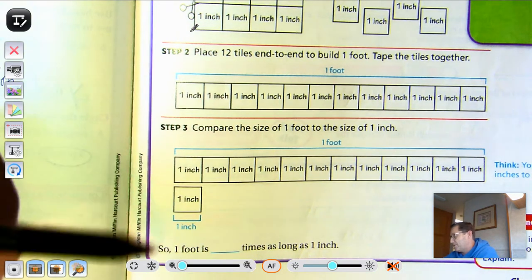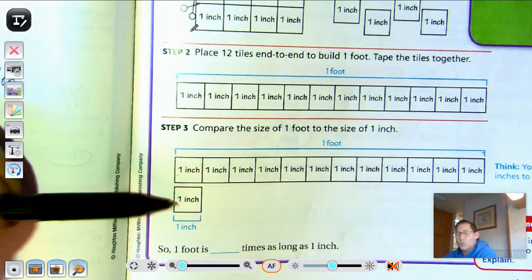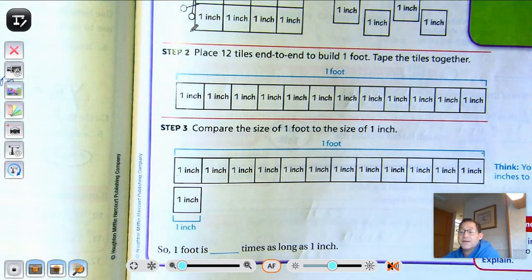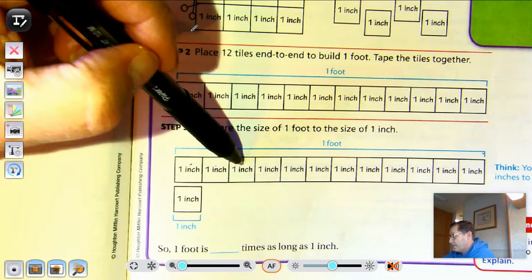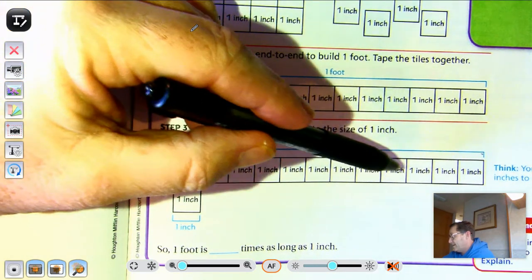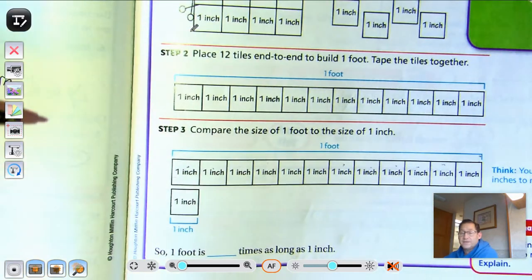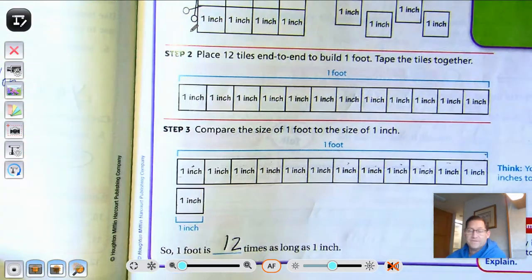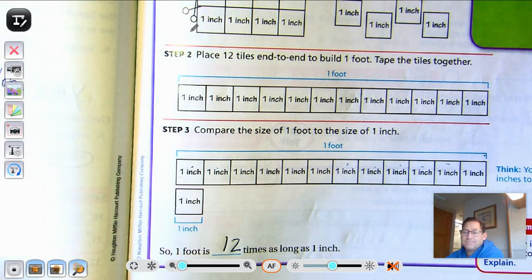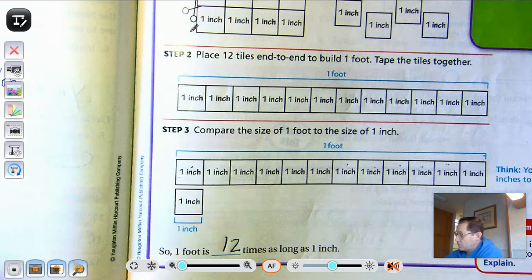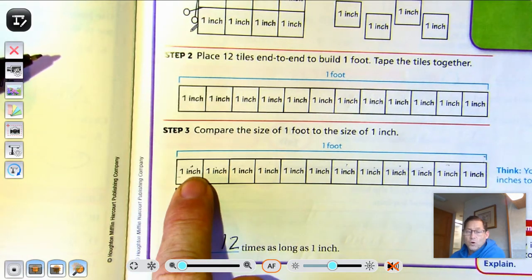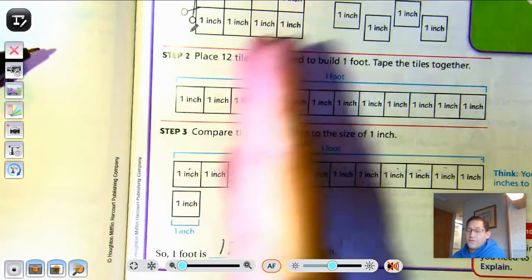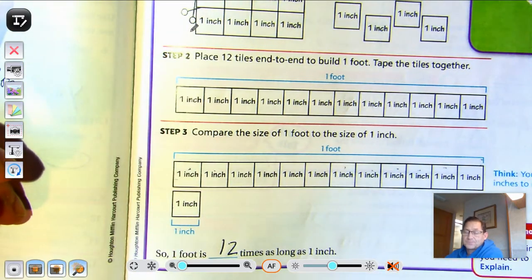How many times bigger is 1 foot than 1 inch? 1, 2, 3, 4, 5, 6, 7, 8, 9, 10, 11, 12. 12 times this will give me a foot. Okay. So we could also say that every 1 inch is 1/12 of a foot.